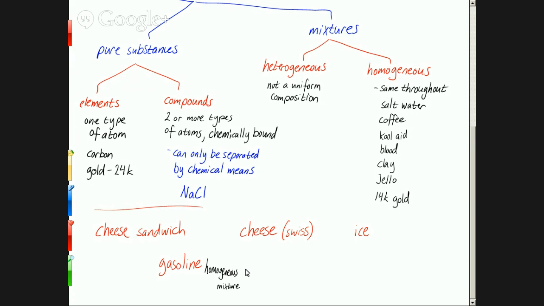When we discuss things, we usually talk about them on whatever scale we're using. So if we're talking about cheese that we're going to eat, then yes, I would say probably a homogeneous mixture because it looks kind of smooth throughout. If we're looking at cheese nanoparticles or something under a microscope, then maybe we have a different answer. But I would call this also a homogeneous mixture. What about the cheese sandwich?